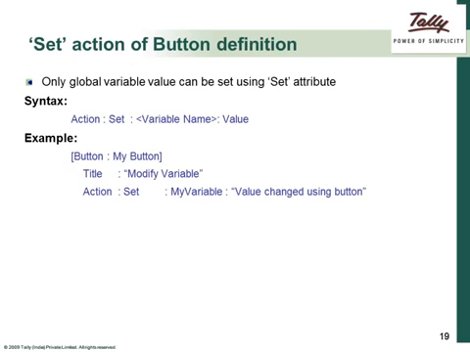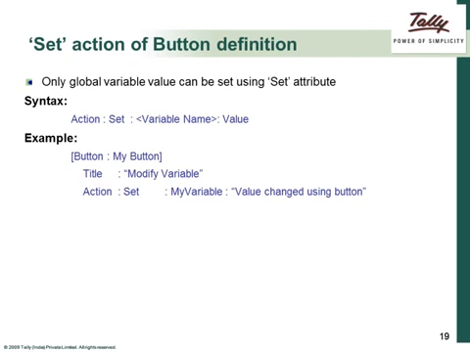Reason, at report level, once you hit, the report gets generated. So the set attribute at report level that we use to change the variable value just provides an initial value to the variable when the report is open. However, the action set that we have at variable set at button level helps us to change the variable value only after the button is clicked.